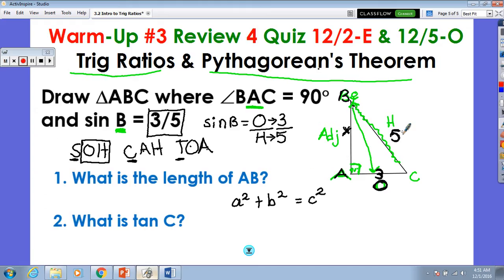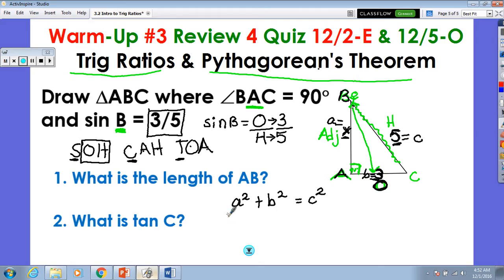Pythagorean's theorem will always give me the missing side so long as I know 2 of the sides. And we know 2 of the sides because the hypotenuse is 5, and the opposite side is 3. So that means we're solving for a here. A is x, b is 3, and c is 5.